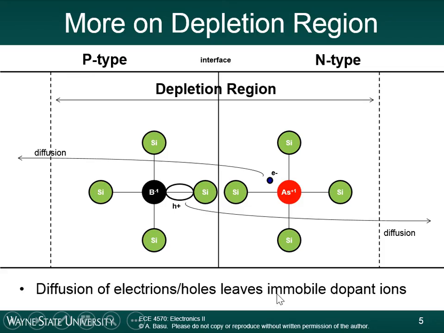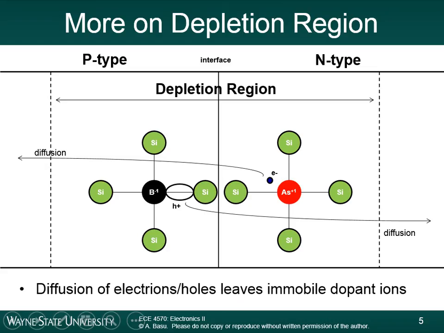The boron has an effective -1 charge. The hole has an effective positive charge. Now we just mentioned that the holes diffuse from left to right. So when this hole leaves, it leaves behind a boron ion, which has an effective negative charge. All right, we'll come back to this, but I just want to illustrate it right now.